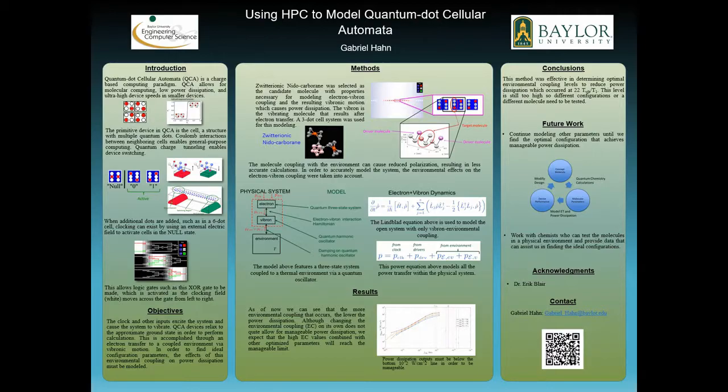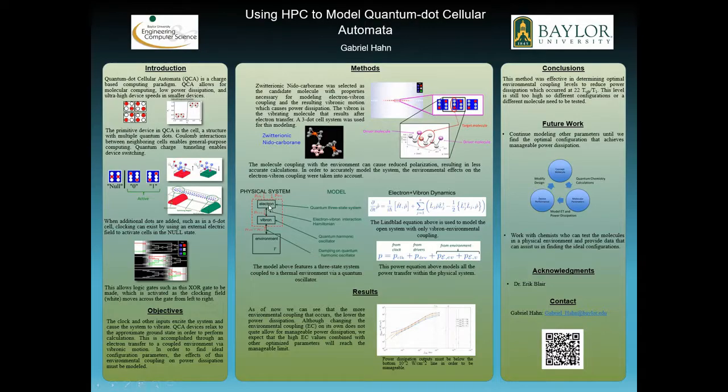So to model the effects of environmental coupling on the system, we used a 3-dot cell system with the molecule called zwitterionic nido-carborane. We chose this molecule because it has properties necessary for modeling the electron-vibron coupling, as well as the vibronic motion that is causing the power dissipation.